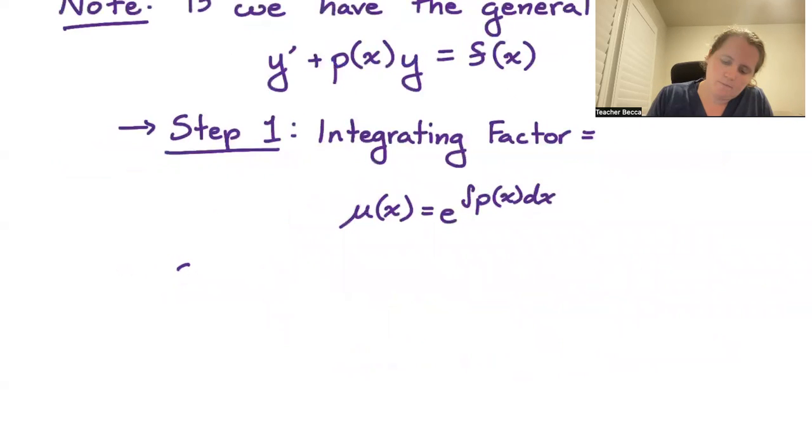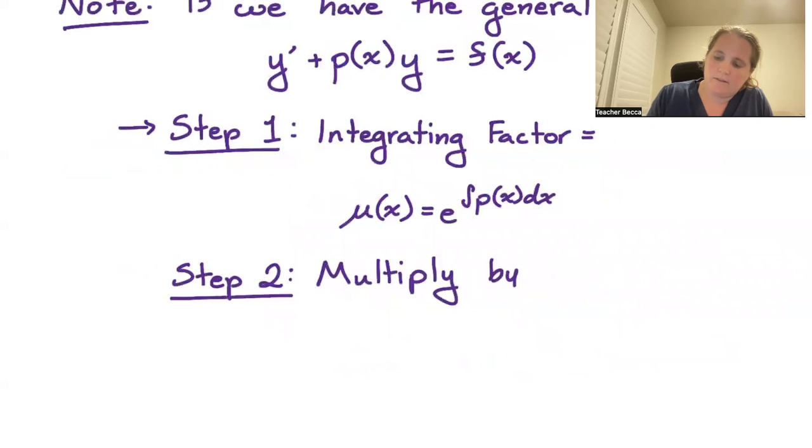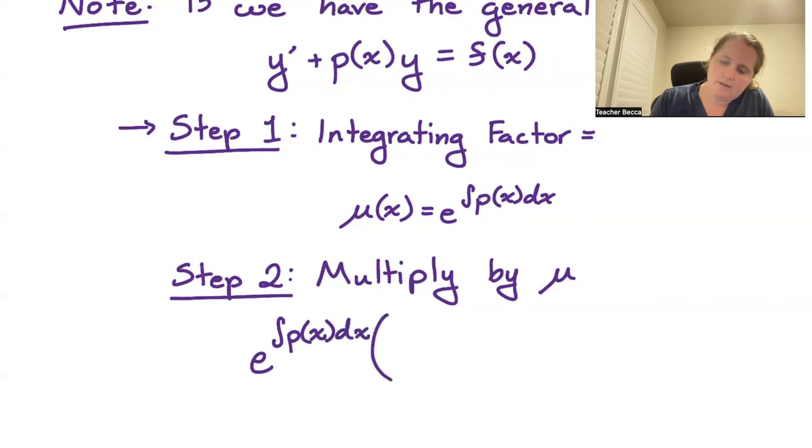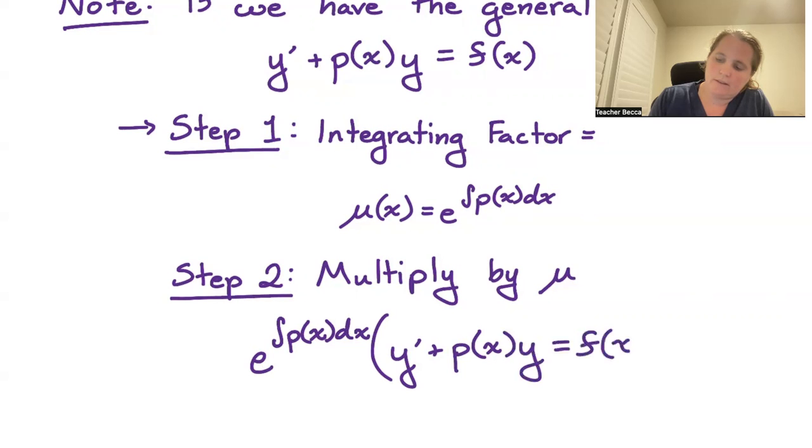Step 2, when we multiply by our integrating factor mu, we have e to the integral of p of x dx multiplying y prime plus p of x y equals f of x.